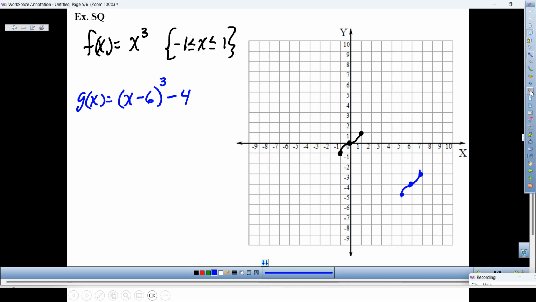However, since we're just seeing that little component without the arrows, tell your neighbor the new domain for that little piece. What's the new domain? From where to where? All right, Mario, pass someone. Enrique, what do I write? Between what x values?